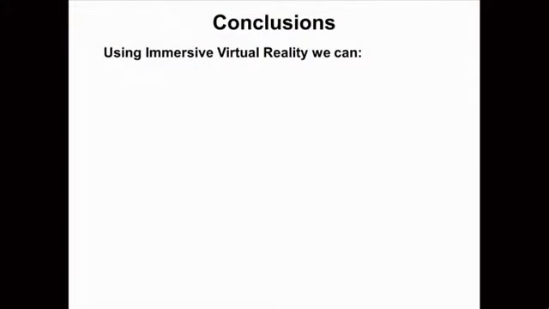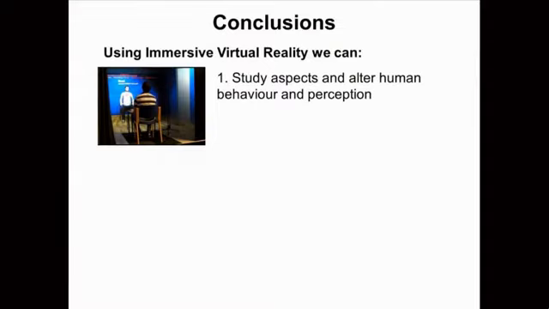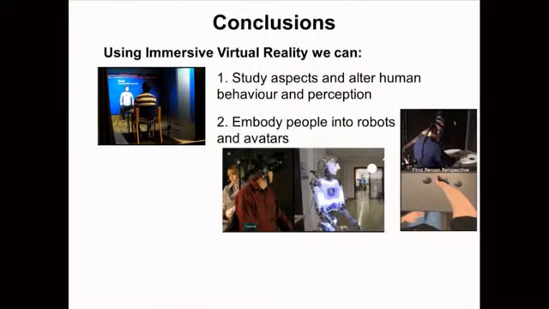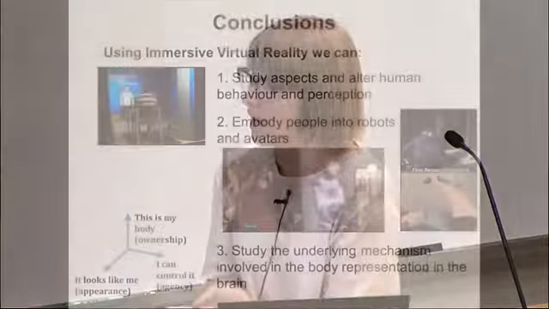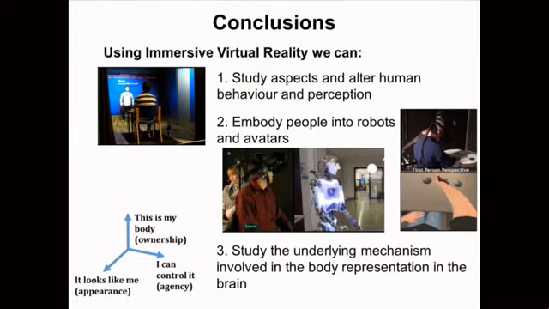And okay, so basically we have seen that we can use immersive virtual reality to study the aspects of or alter the behavior and perception, to embody people into robots or avatars, and also, in the last part, to study the mechanisms involved in this body representation in the brain.